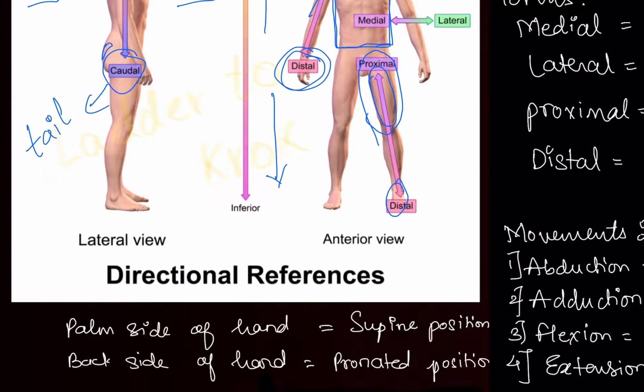Okay, so if you lie on your back, that is supine position, and if you lie on your stomach, that is pronated position. Okay, palm side, or I should say lie on back, and for pronated it is lie on stomach. Okay.